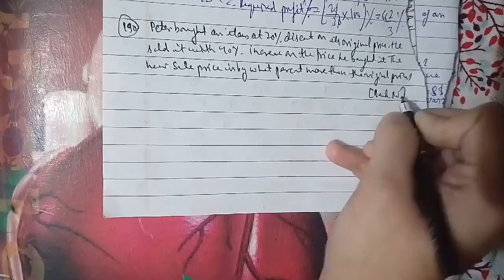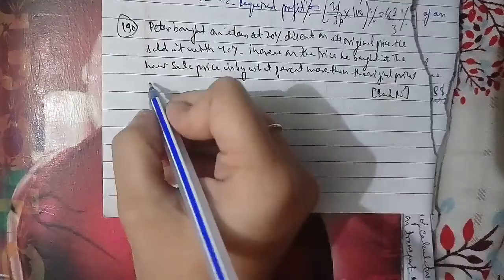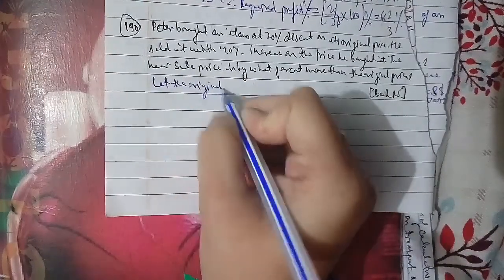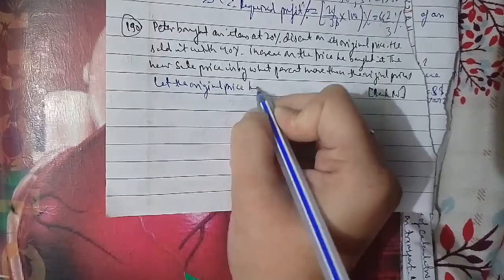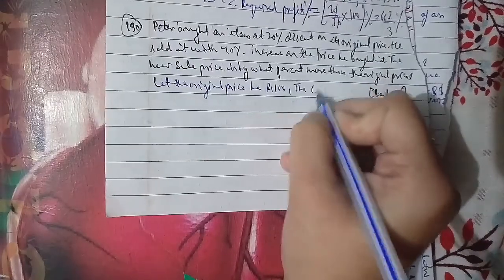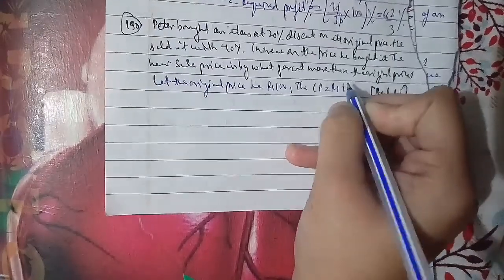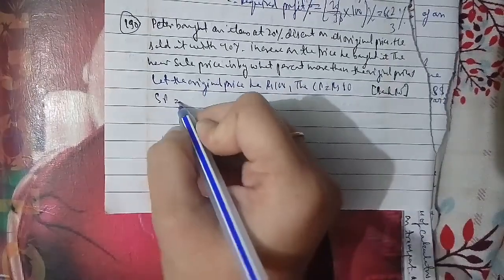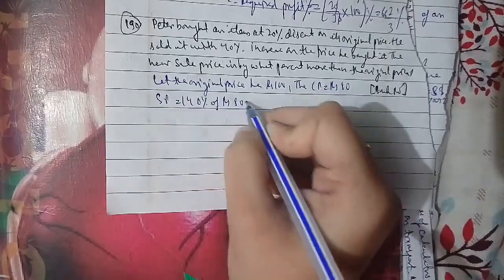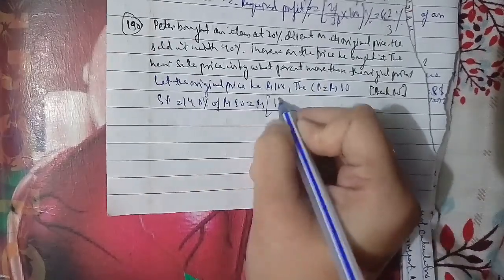Let the original price be 100, then cost price equals rupees 80, selling price equals 140% of rupees 80, which is equal to 140 upon 100 into 80, and the result is rupees 112.